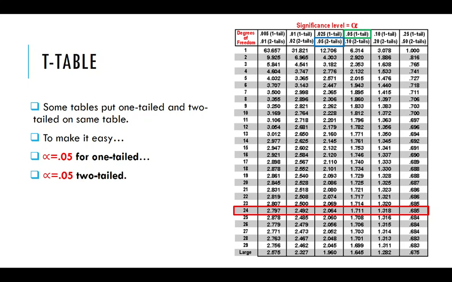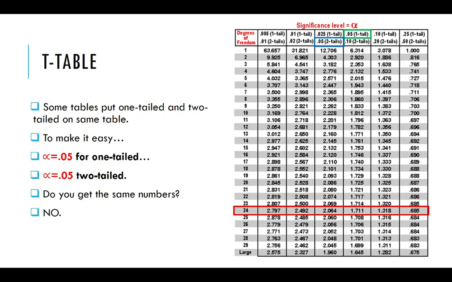And we could do the same thing. What if it's alpha equals 0.05? So we're sticking with 95% confidence, but a two-tailed test this time. All right, so now find where it says 0.05 two-tailed. Does everyone get 2.064? So, do we get the same numbers, guys? No, we did not.